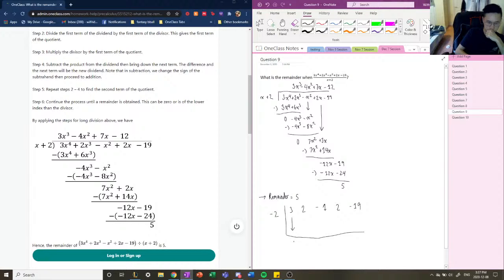So if we move it down here, we get 3, and we're going to multiply this by -2, so -2 times 3, and add it to this, okay? So we're going to add -6 to 2, and we're going to get -4, all right? I'm just going to illustrate it once, and then I'm going to do the rest, because it's going to get messy. So we multiply this, which equals -6, and then we move it up here, and we add it to this, right?